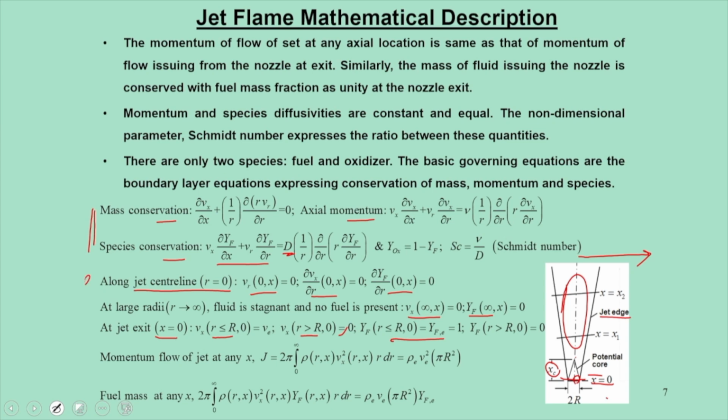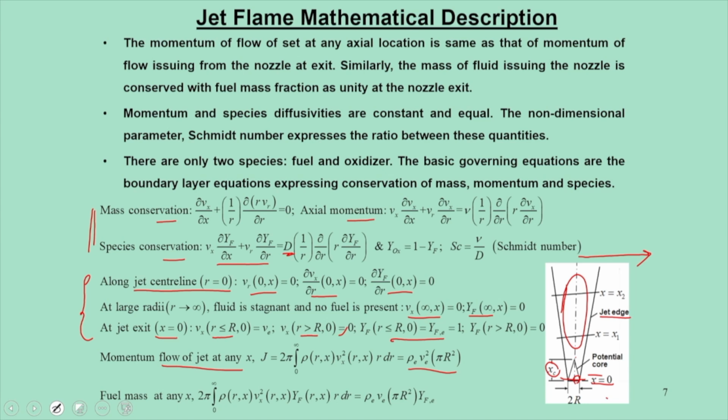Second set, these are the boundary conditions, and another point is that we can calculate the momentum flow of the jet at any x by considering its density and velocity along x and r. If you find that value, it is rho e Ve square into pi r square. That is nothing but your initial momentum, which is at x equal to 0.